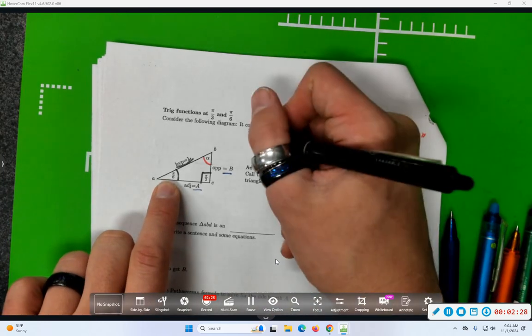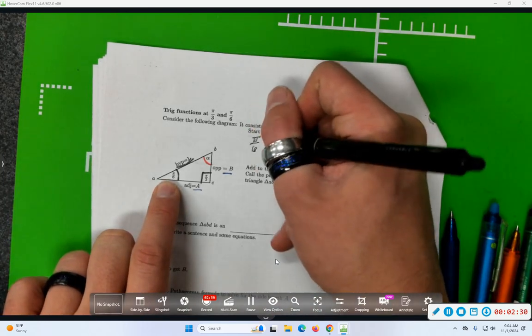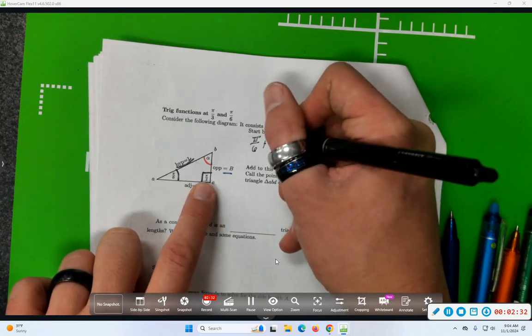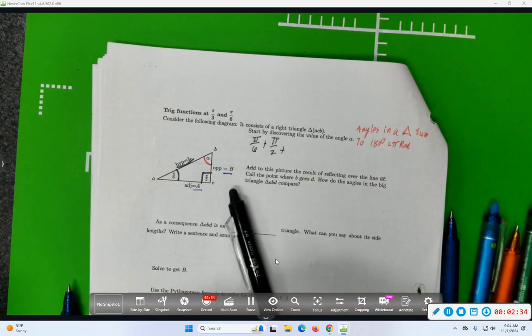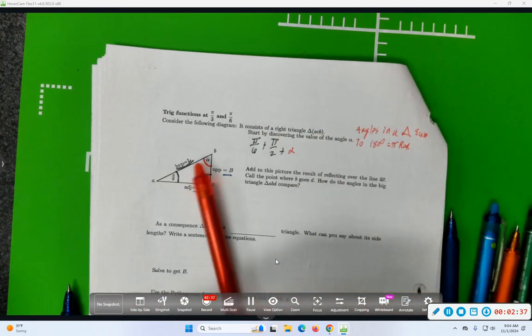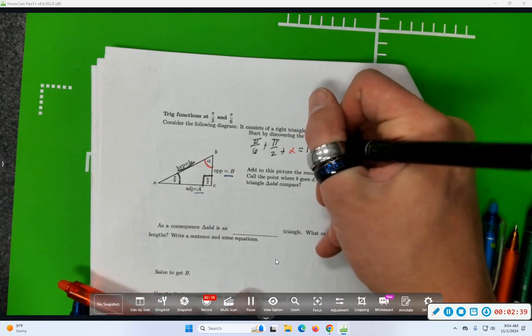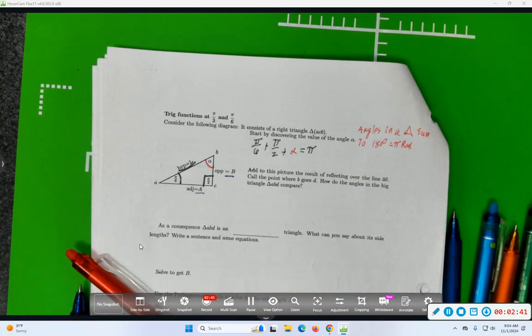Pi over 6 plus pi over 2 plus the unknown angle alpha adds up to pi. So now it's some algebra, right? And not even difficult algebra, I just need to subtract some things to the other side. I think the only difficult part is simplifying a fraction.